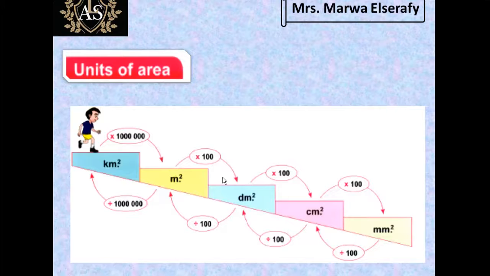From meter square to decimeter square, you will multiply by 100. From decimeter square to centimeter square, also by 100. And from centimeter square to millimeter square, also by 100.